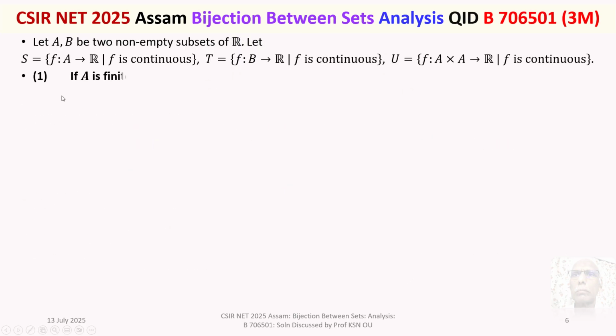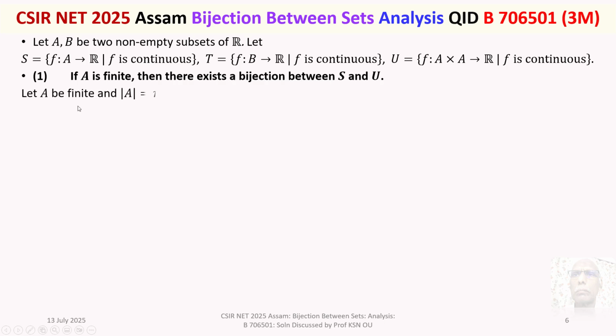Right. Let us take the option 1. If A is finite, then there exists a bijection between S and U. S is here, U is here. Okay. So let A be a finite set. Let the cardinality of A be N. Now S is the set of all functions f from A to R, f is continuous.